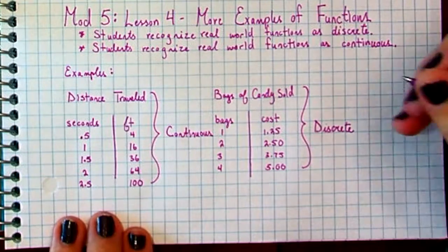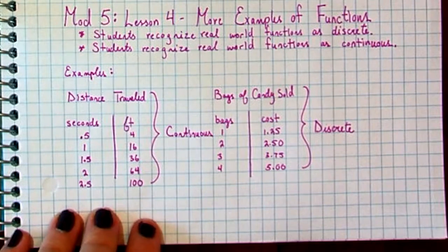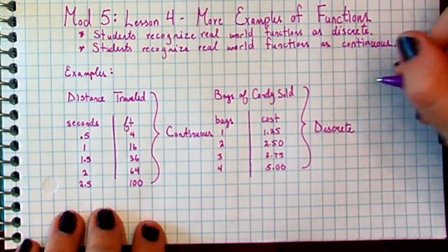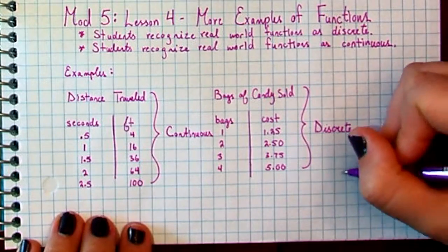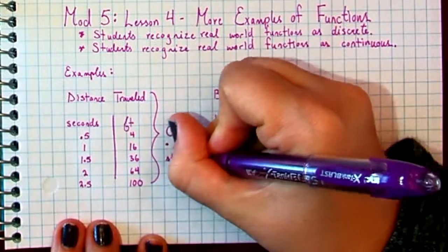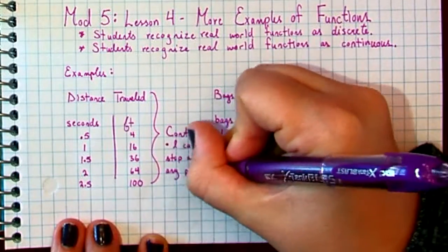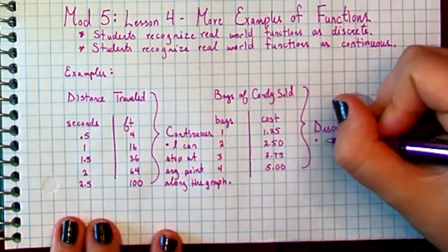So again, my candy data is discrete, where my distance traveled data is continuous. And that's because I can stop at any point along the graph.